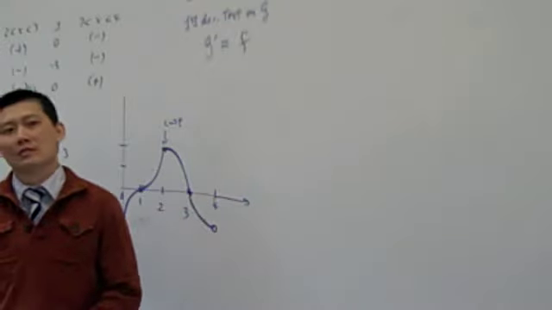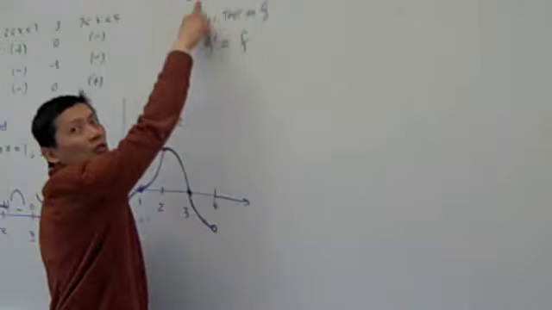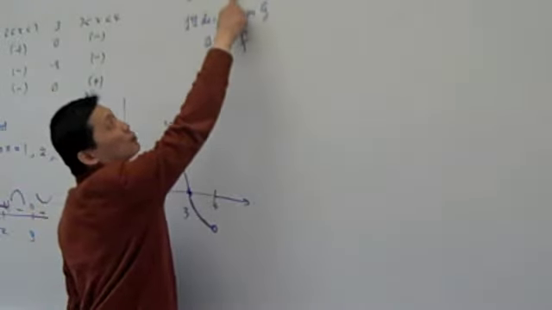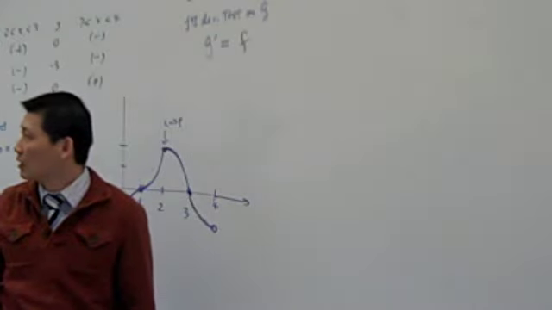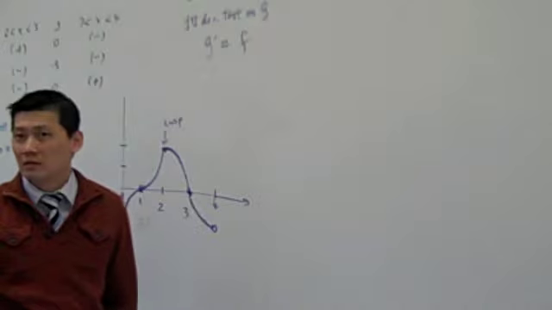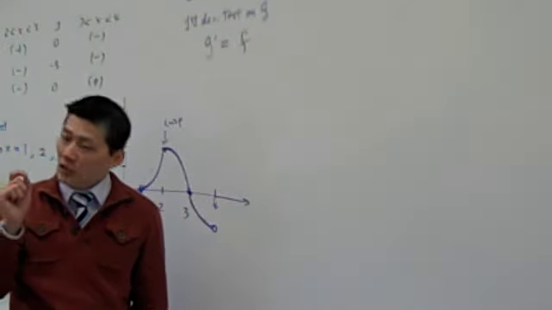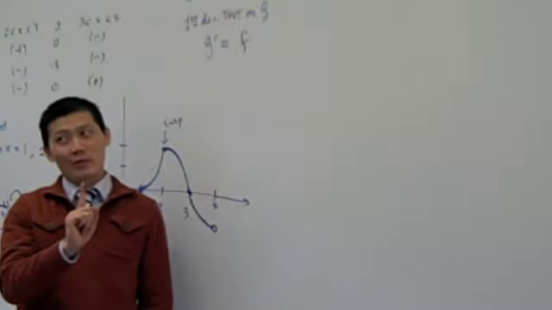Think about it. If the integral of f is G, then the derivative of the integral is f. Right? You gotta be able to do this, okay? This is a very, very important point.